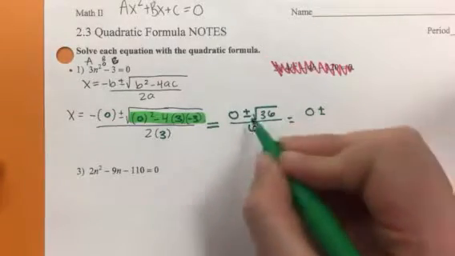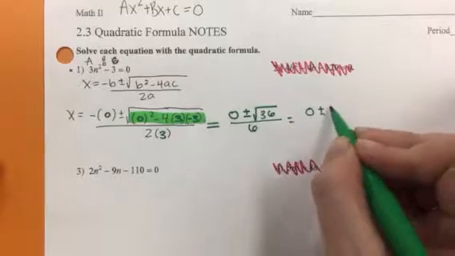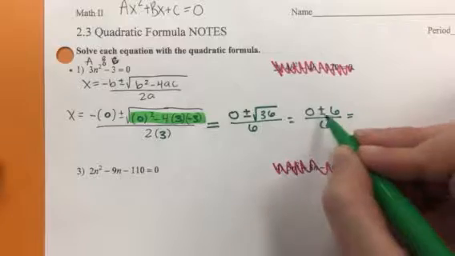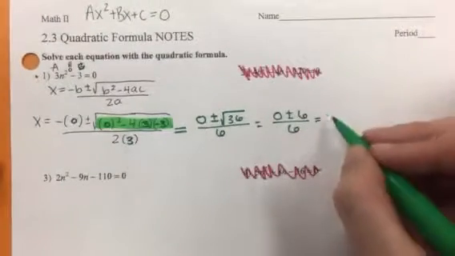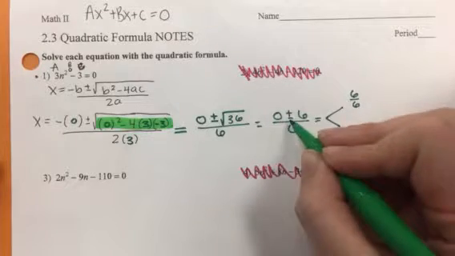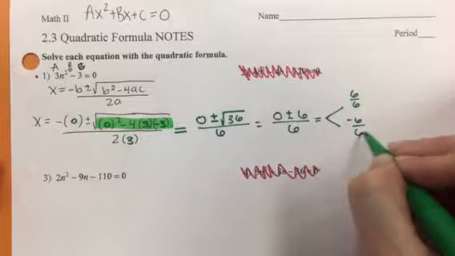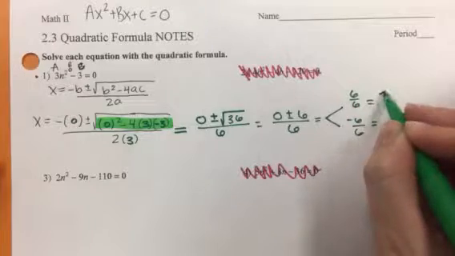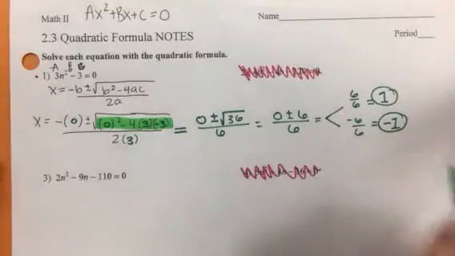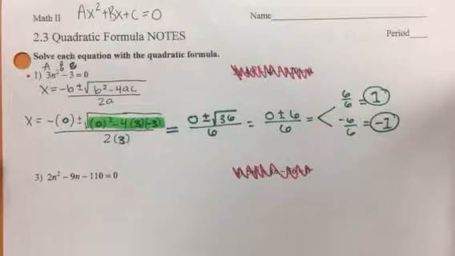So 0 plus or minus the square root of 36, which is 6, divided by 6, which is equal to +6 over 6 and -6 over 6, and those reduce to +1 and -1 as our solutions.